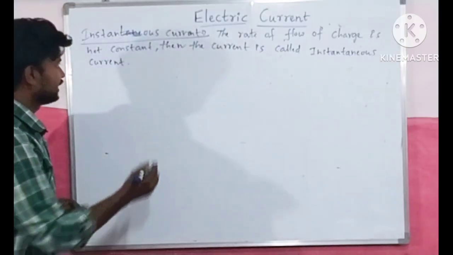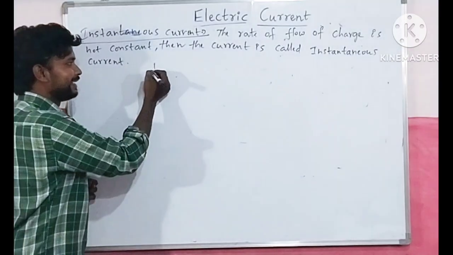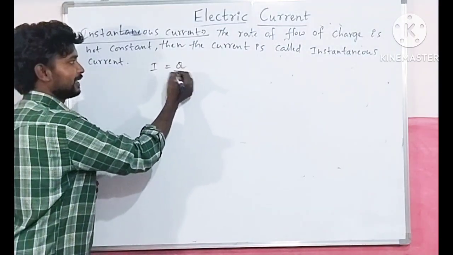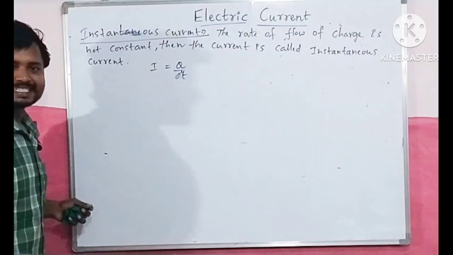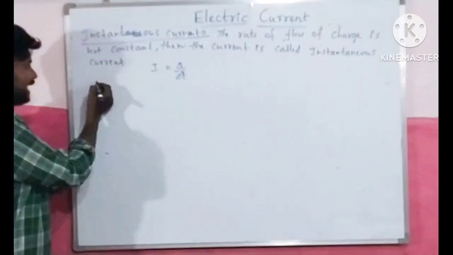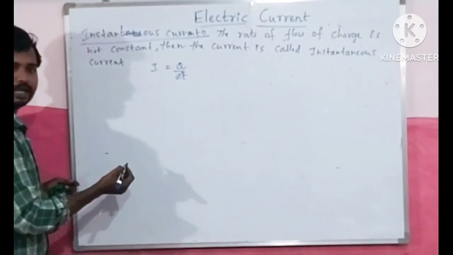Here we know the current formula I equal to Q by T. But for instantaneous current, the time limit we are taking to 0.